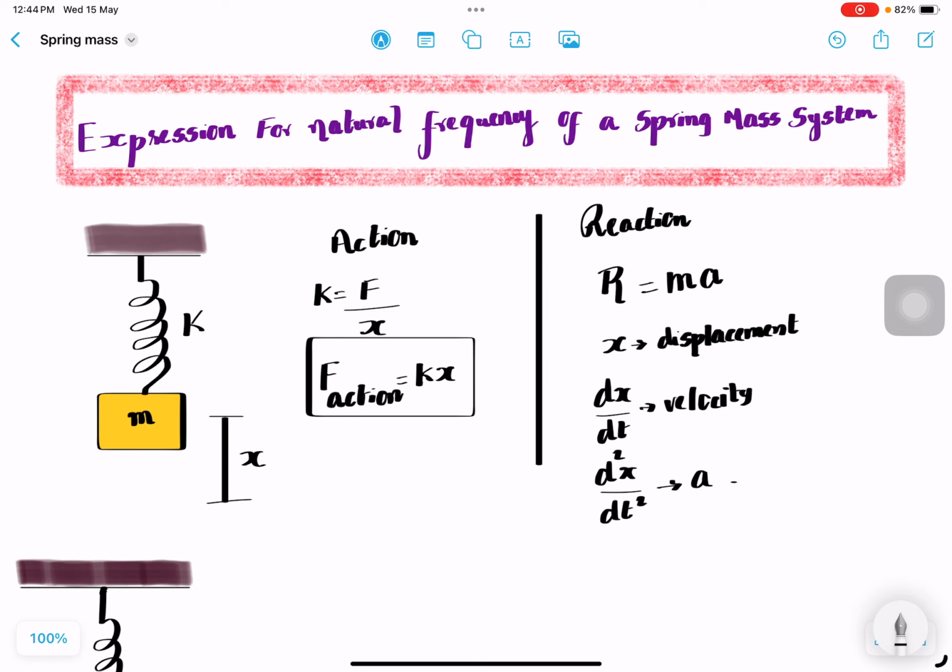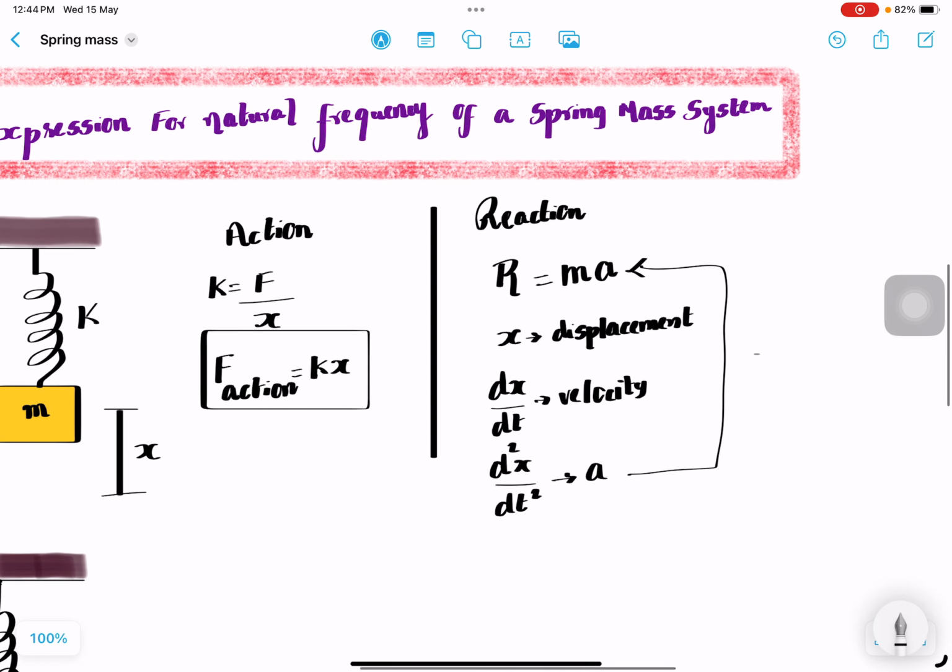What we are going to do is take this acceleration and substitute it here. So when you do that, the expression for reaction now becomes reaction is equal to m into d square x divided by dt square. So that is the expression for reaction.